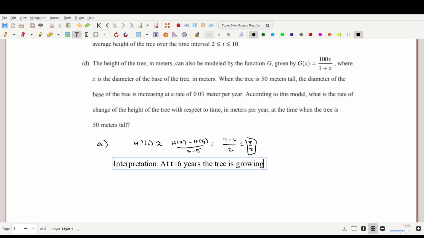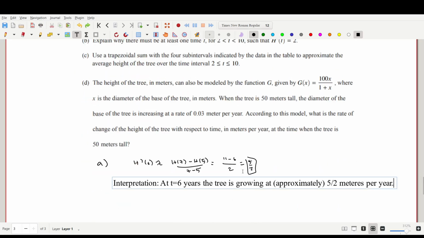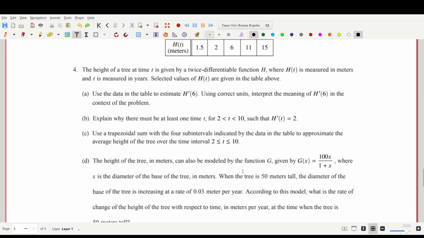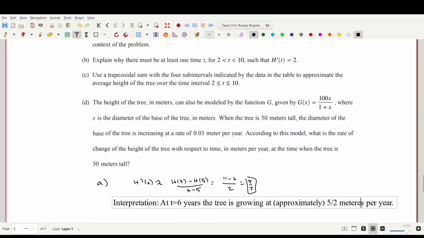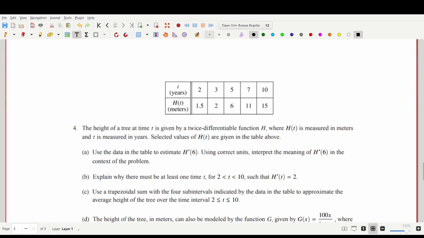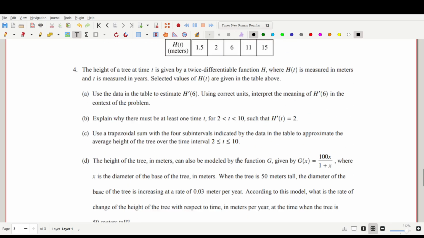You don't want to say increasing or decreasing, growing is fine. Growing at approximately, this was an approximation, of course, approximately 5 halves meters per year. Does that look good? Yep. And meters per year is the right one, because it's like h over t, kind of.